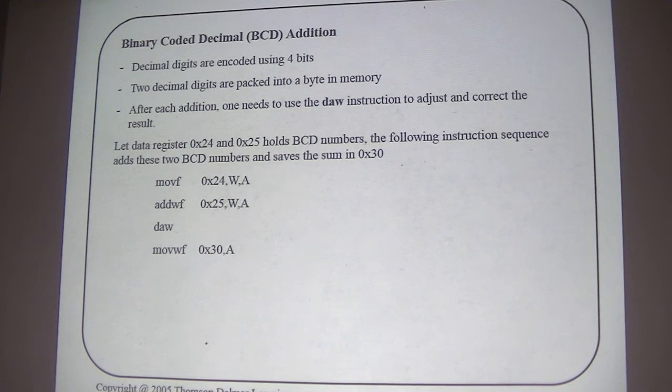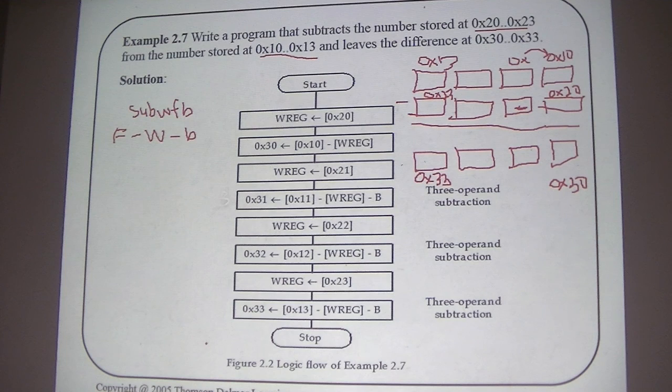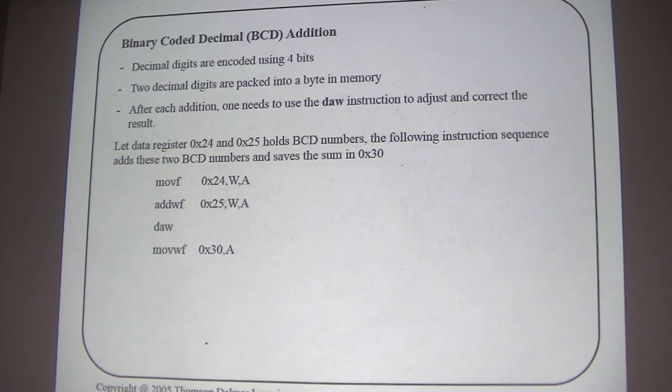Now the next one we're going to go is, before this, all the addition that we have performed, or the example that I've shown you, the value which we are adding or subtracting, usually it is in hex. But sometimes we want to perform decimal calculation.